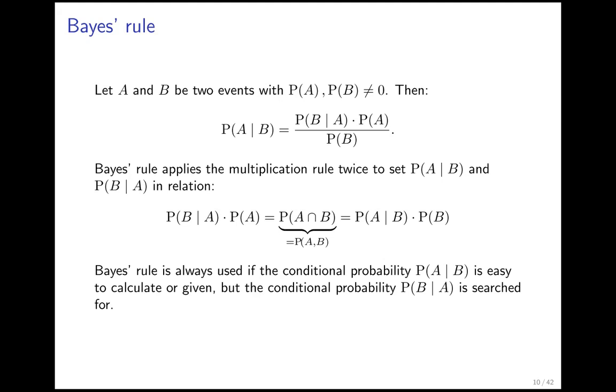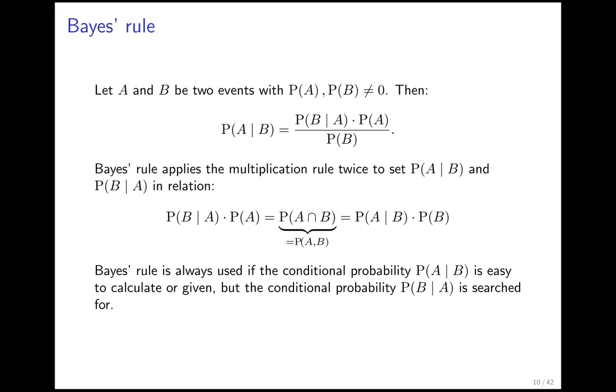Well, we can look at this marble example again from the previous slide. And the question we could ask is, given that my marble is blue, what is the probability it actually came from box 1? Well, if you think about it, it's not so easy to tell this probability straight away.